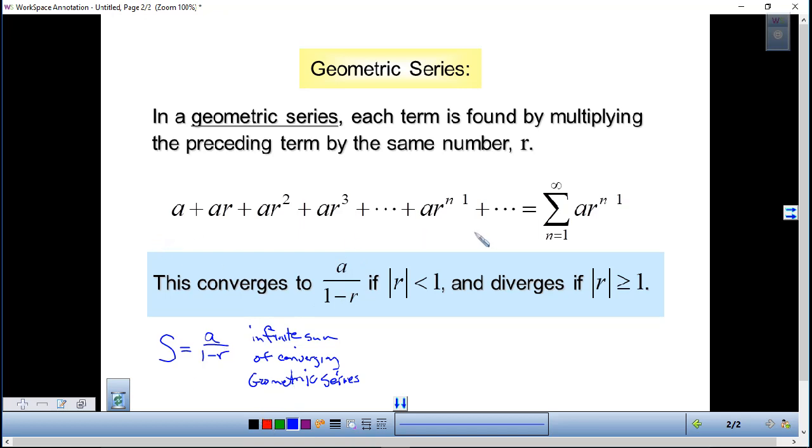So what is this series going to approach? Well, it's going to approach a over 1 minus r, as long as the absolute value of r is less than 1. So if we're multiplying by some fraction whose absolute value is less than 1, then that thing's going to converge. It's going to diverge if the absolute value of r is 1 or more.